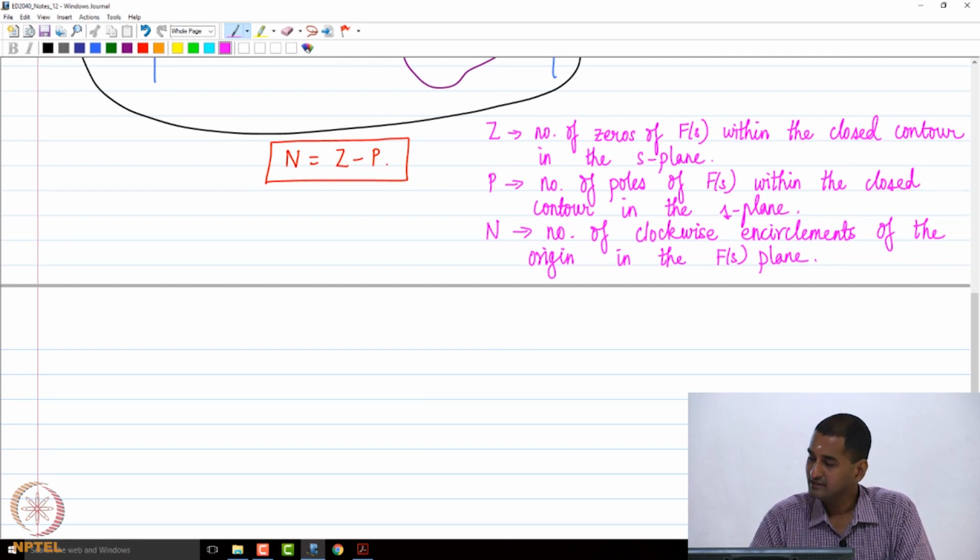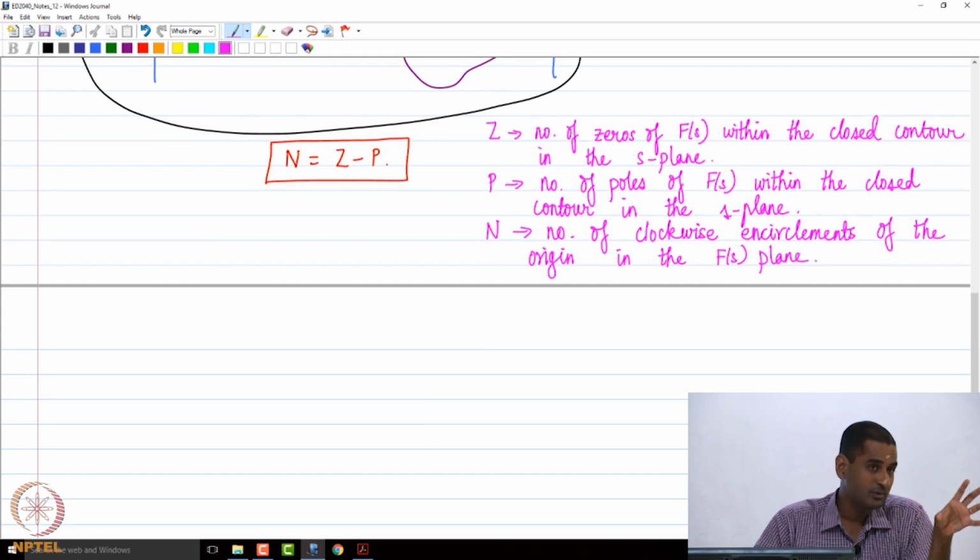So you map a closed contour in the S plane to a corresponding contour in the f of s plane, and then you get this result. That's the mapping theorem. If the value of n is negative, that means it's counterclockwise. N positive means it's clockwise. If n is 0, there is no encirclement.